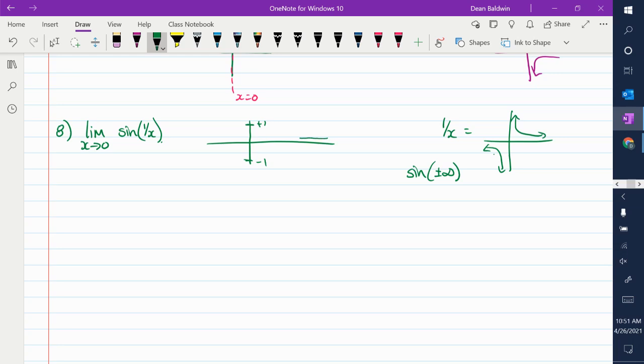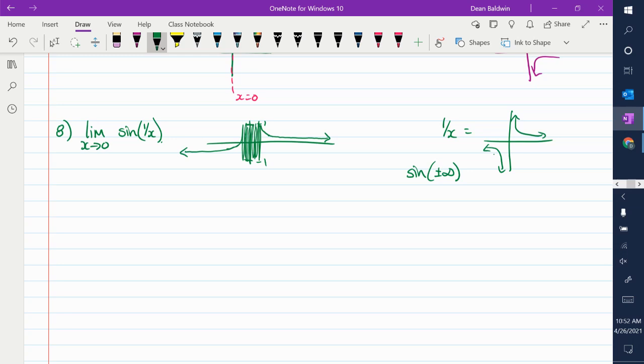It comes in, and as you get close to 0, it starts to flip back and forth really, really fast. I'll show you on Desmos. It does it so fast you can't even distinguish it.